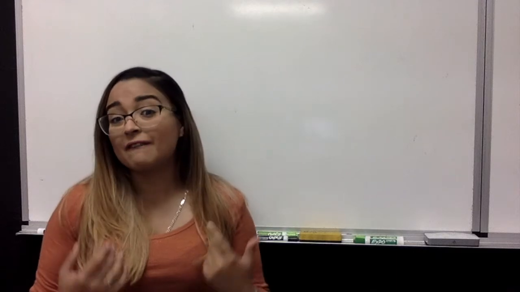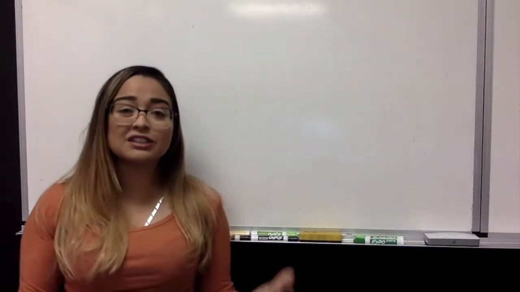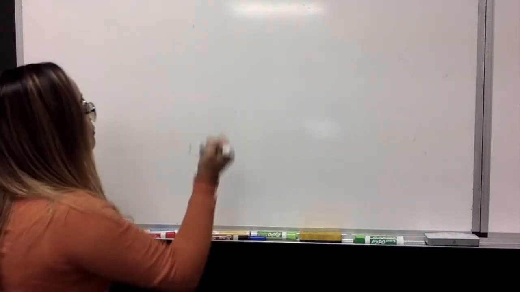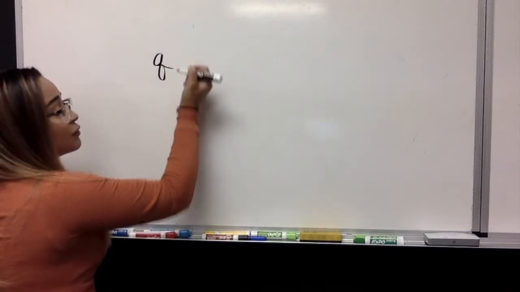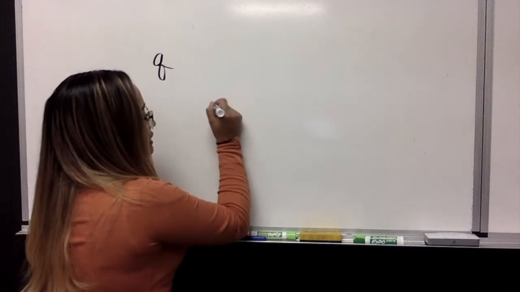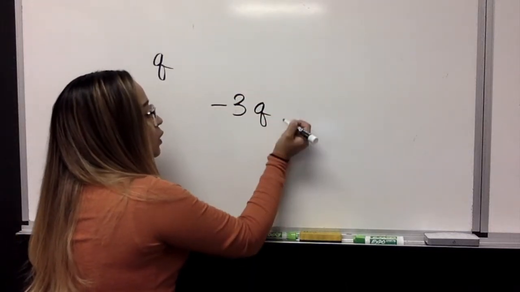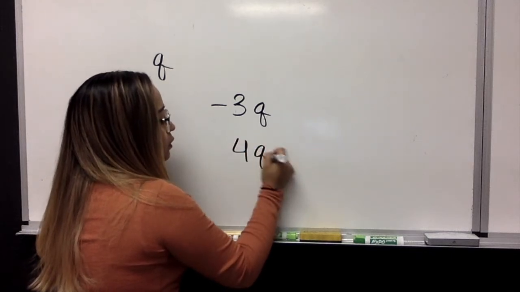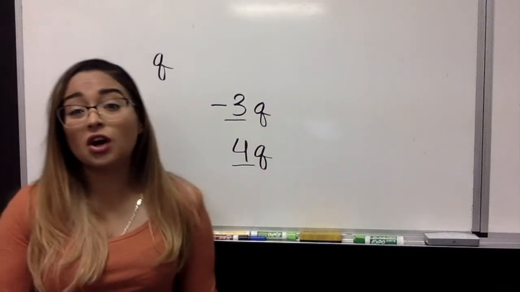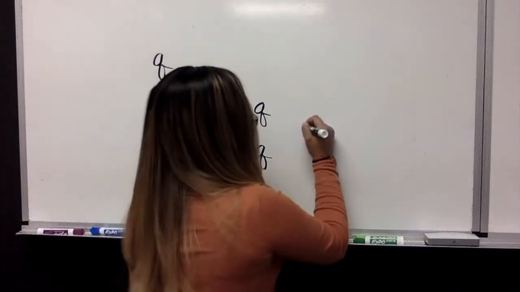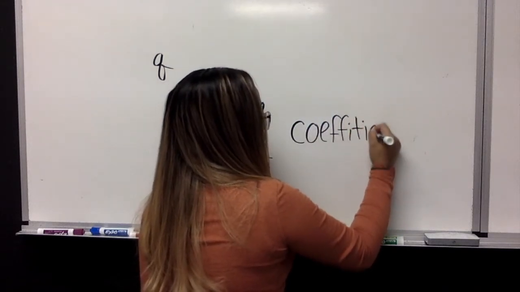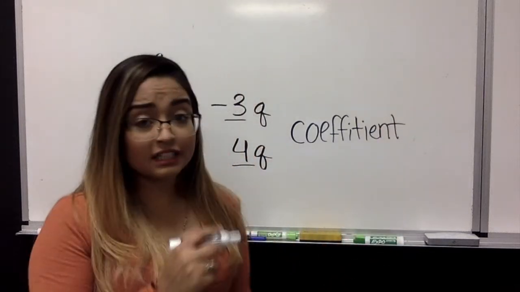One thing I did fail to mention to you guys is what is a coefficient? When we see variables, we can either see them on their own, so let's use Q, for example. We can see Q on its own. But what about when it's negative 3Q or 4Q? This number that's next to the variable is called the coefficient. I need to check my spelling on that one.